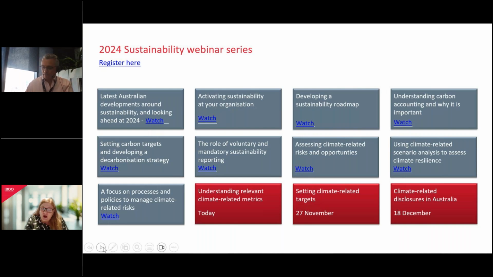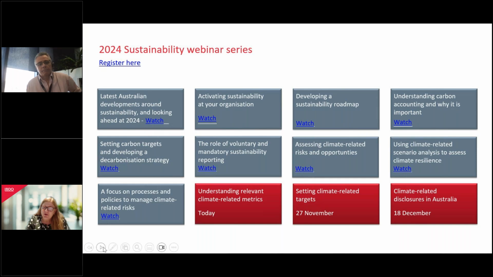We've been looking at carbon accounting. We've been looking at setting carbon targets, the role of voluntary and mandatory reporting, and in particular, over the last 3 months, we had a heavy focus on climate-related risks, opportunities, scenario analysis, and focusing on processes and policies.